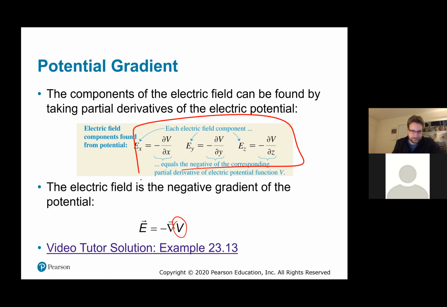Yet another way to evaluate a vector electric field using a scalar idea.